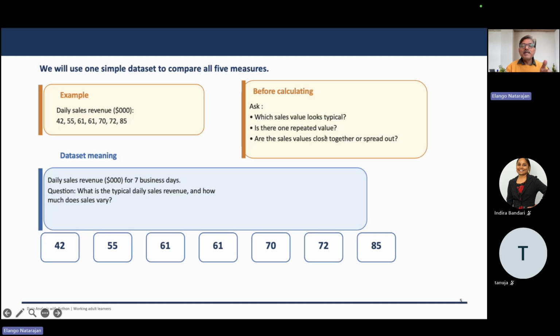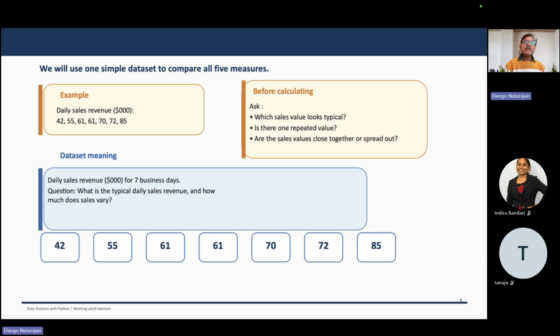Is there one repeated value or many repeated values? Are the sales values close together or spread out? Spread out in the sense, is there any outlier? So you should ask yourself some questions before you start calculating or before going to do some computations.